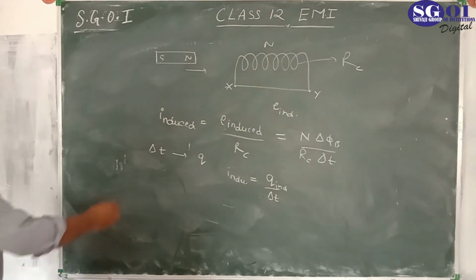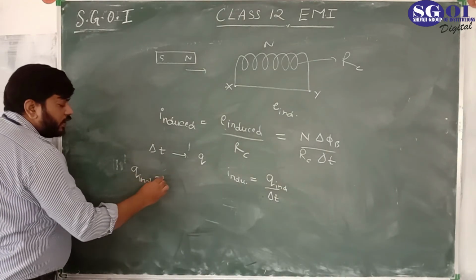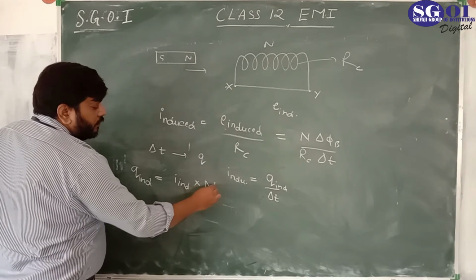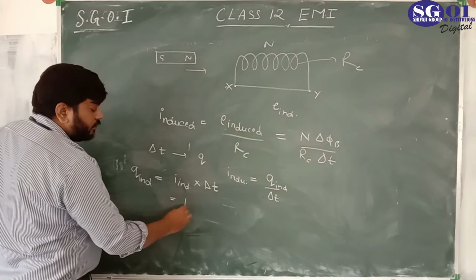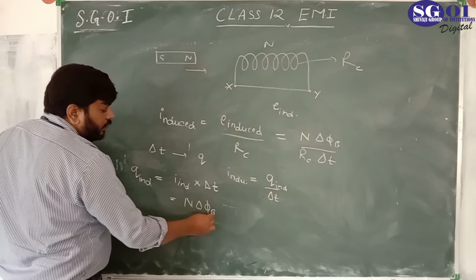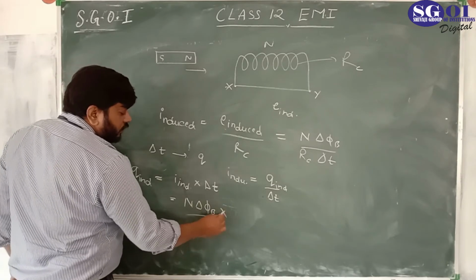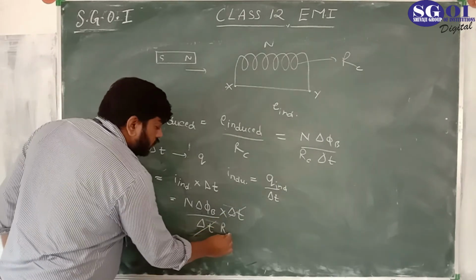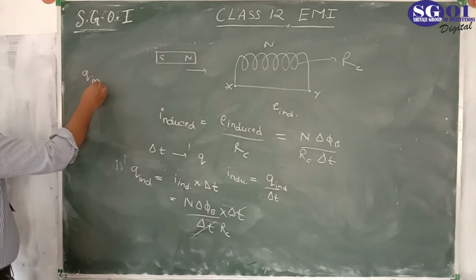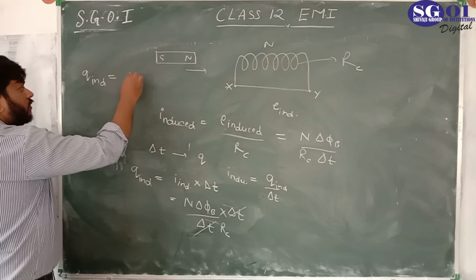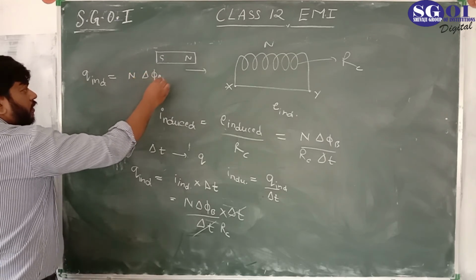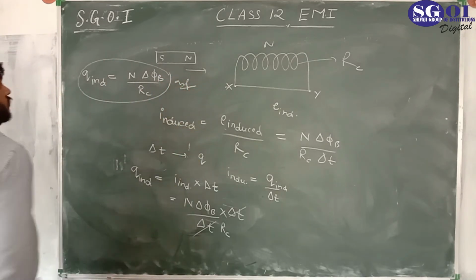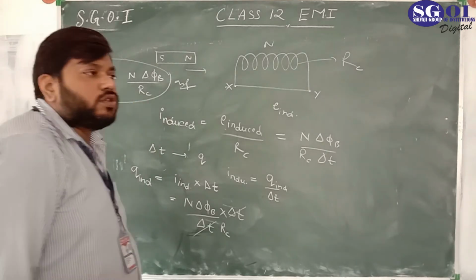So q induced is equal to I induced into delta t, and I induced is N delta phi upon R delta t, into delta t. Delta t cancels out. So finally q induced equals N delta phi upon R. This is the q induced formula.